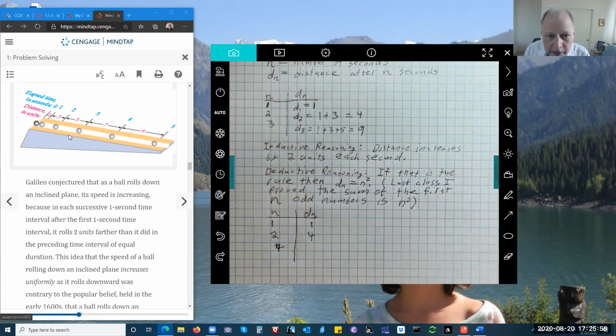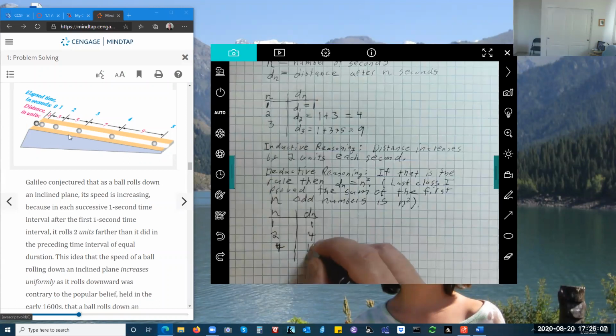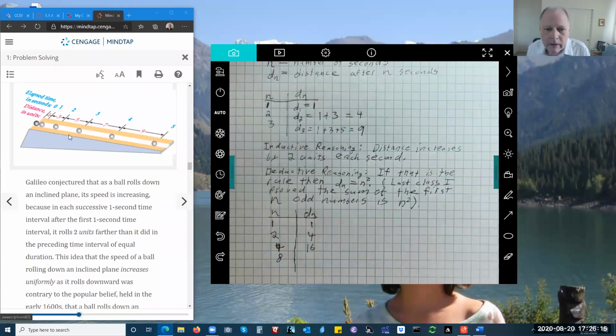If n is 4, d_n now is 16. What if n was 8? Then we have to add the first 8 odd numbers, 1, 3, 5, 7, 9, and so forth. We get n squared. We get 8 squared, right? 64.